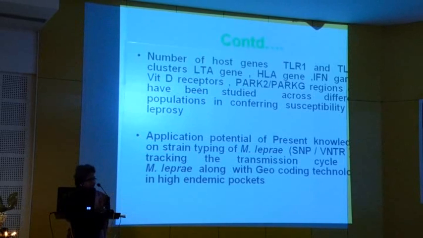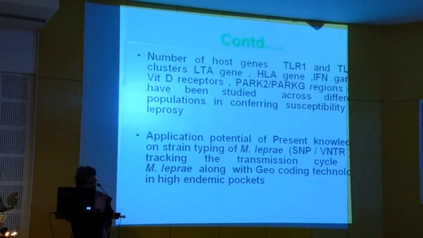Host genomic factors have been studied to see the difference in different populations conferring susceptibility. Host genes are being studied for whether they confer susceptibility to an individual. That's one area that has been explored on the laboratory side. So these are some of the genes coming from the host.